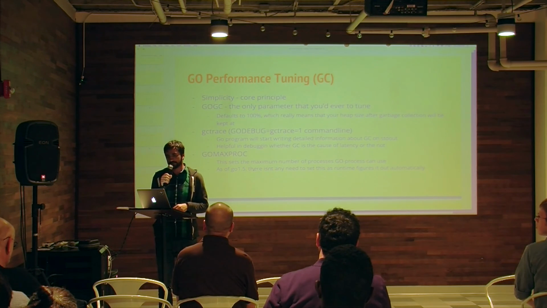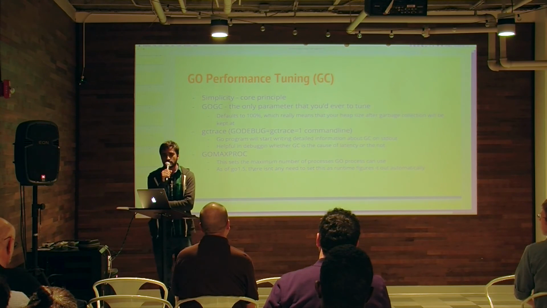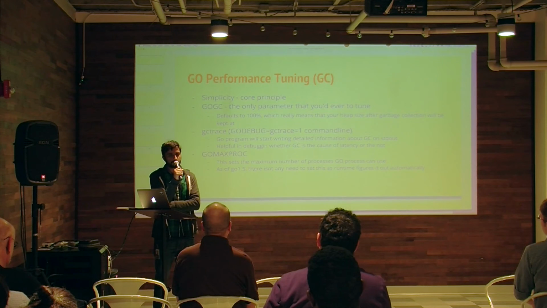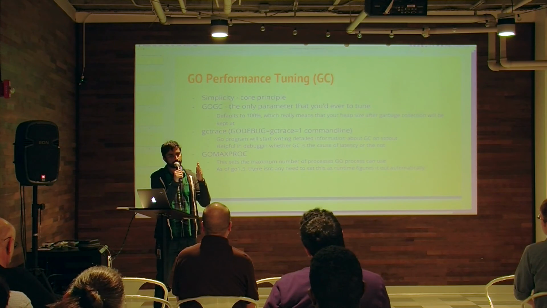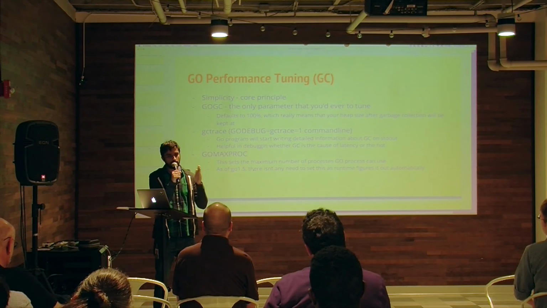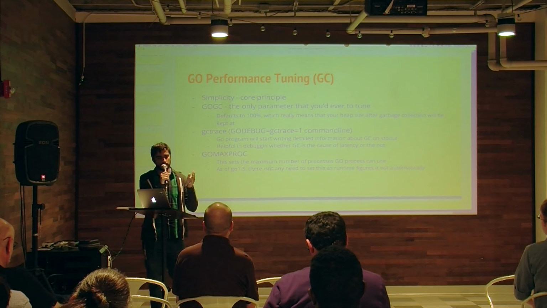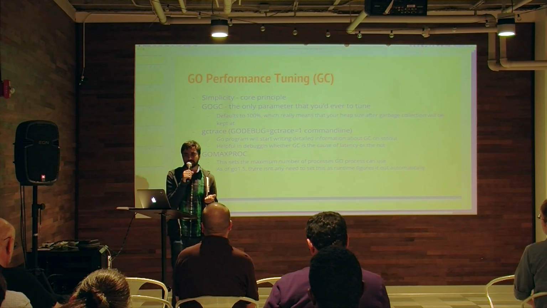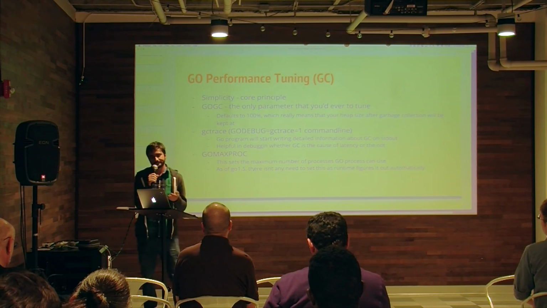That's the reason. So what GOGC does is that it lets the application decide how frequently you want the GC to come in and do the garbage collection. 100% is the default value.